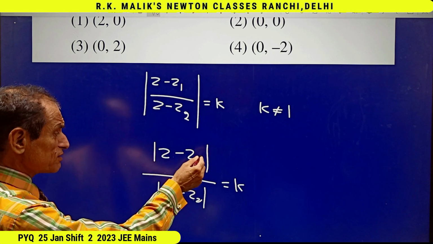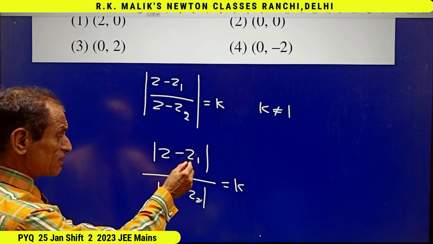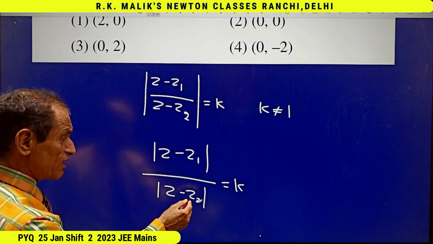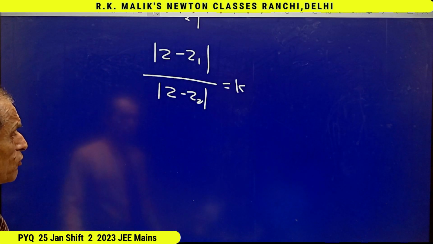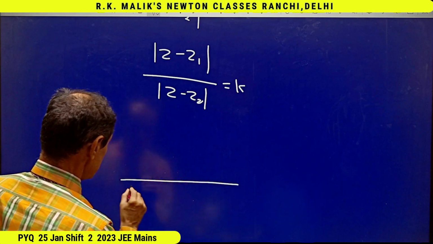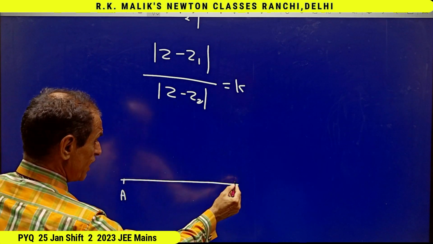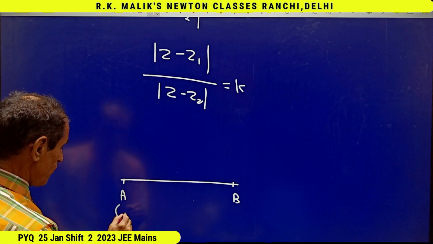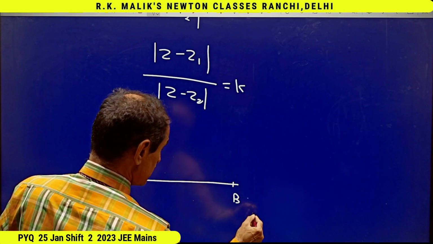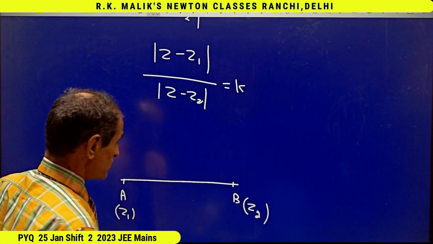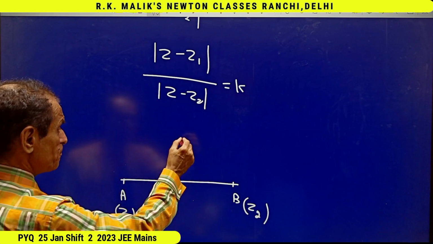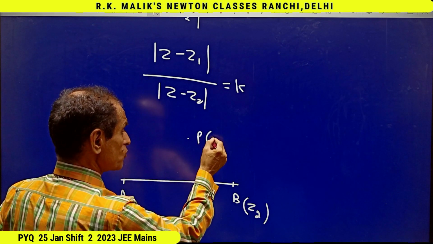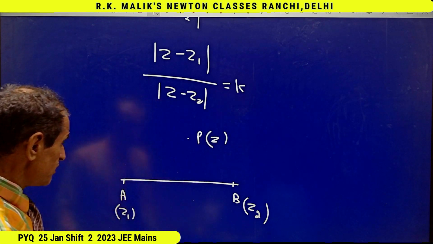Clearly, this implies the distance between z and z1, and this gives the distance between z and z2. That is, suppose this is the point A and this is the point B, and A has complex number z1 and B has complex number z2, and P is a variable point whose complex number is z.